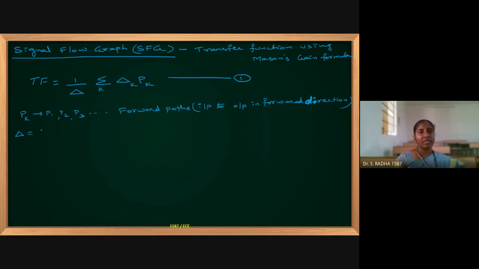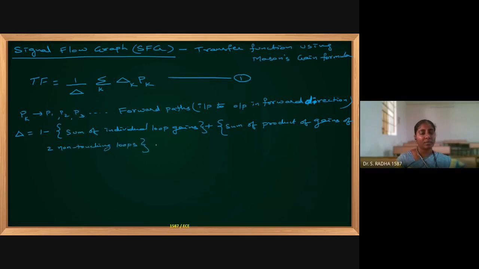First I will go with delta. The formula for delta is 1 minus the sum of individual loop gains, plus the sum of the product of gains of two non-touching loops.